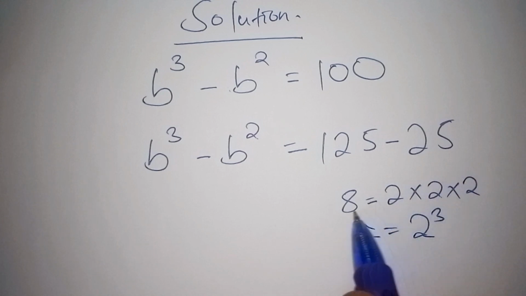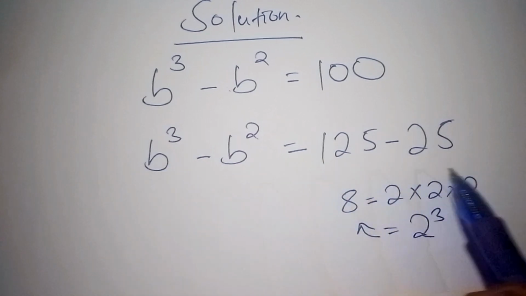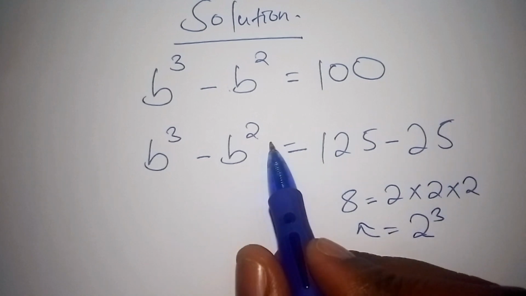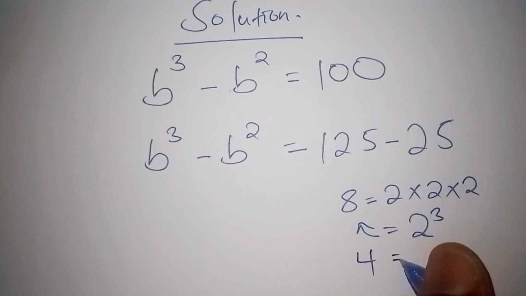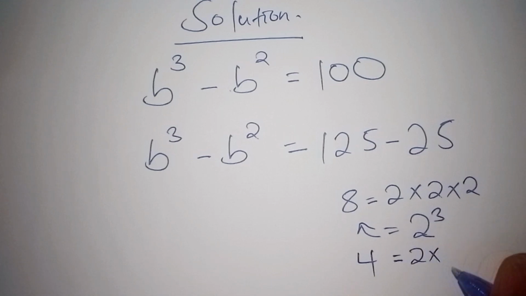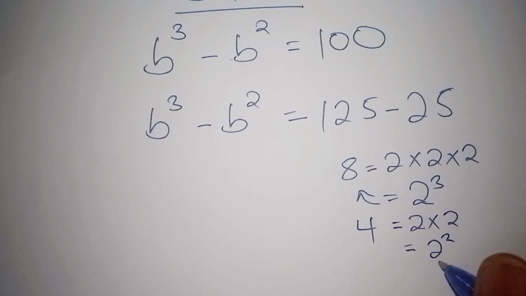That's why we want to change 125 to the cube of a number, and we shall also change 25 to the square of that number. Like for example, 4 can also be written as 2 multiplied by 2, so we have 2 squared.